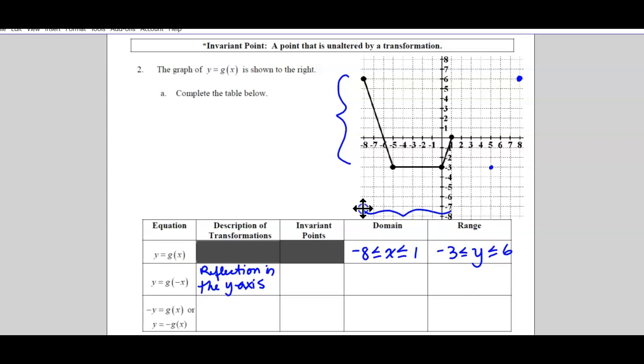I probably can't get it straight unless I do that. Okay, then 0 stays as 0. That's a hint, right? And then 1 there becomes negative 1. And let me just change the color of these.